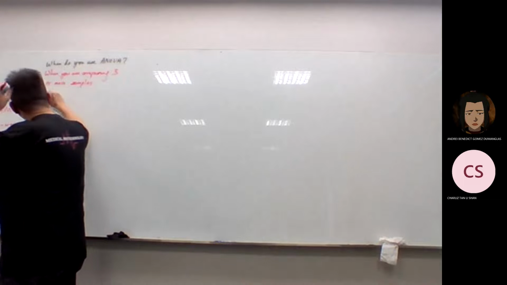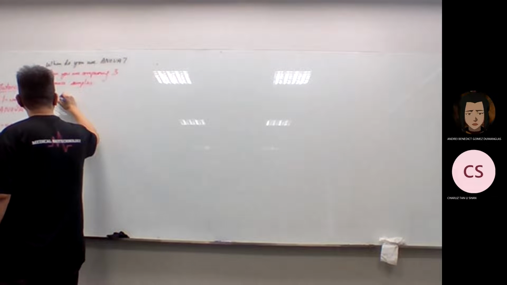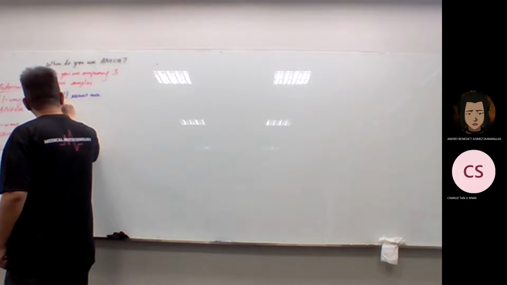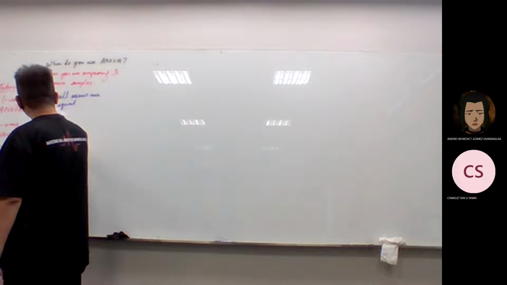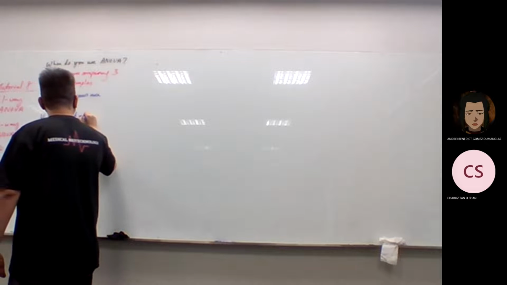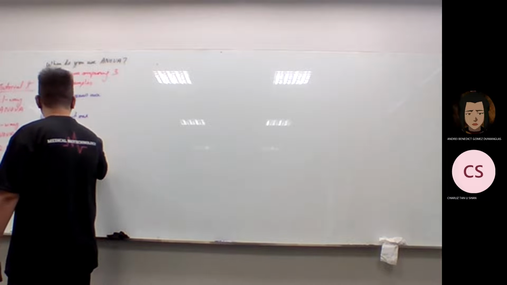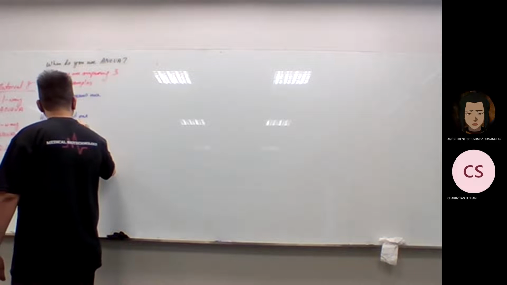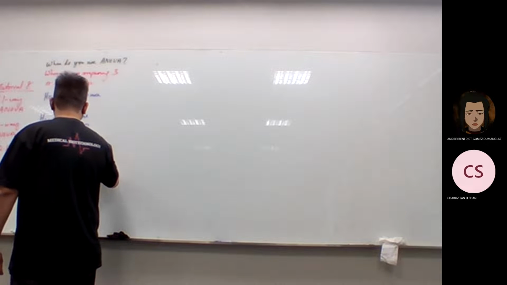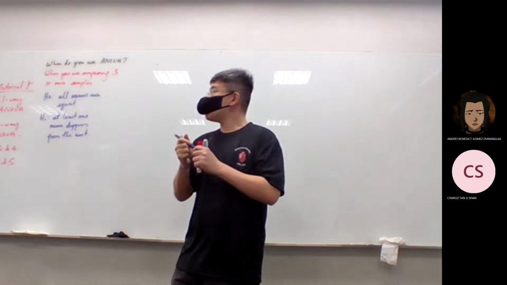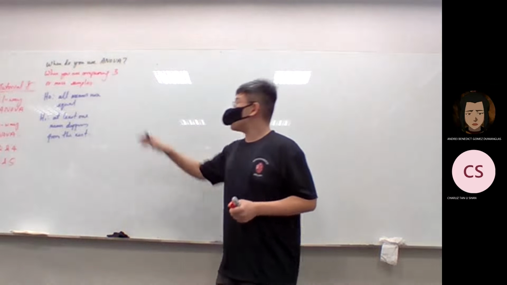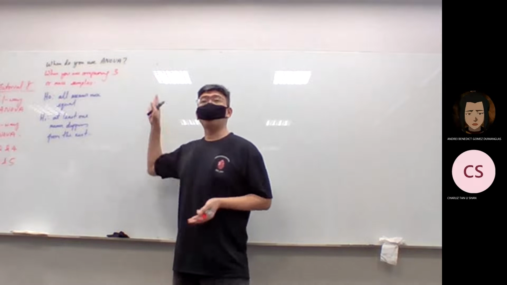Your null hypothesis is always all means are equal. The alternate hypothesis is at least one mean differs from the rest. So this hypothesis is always the same for every ANOVA. Just which mean and which mean you're talking about.